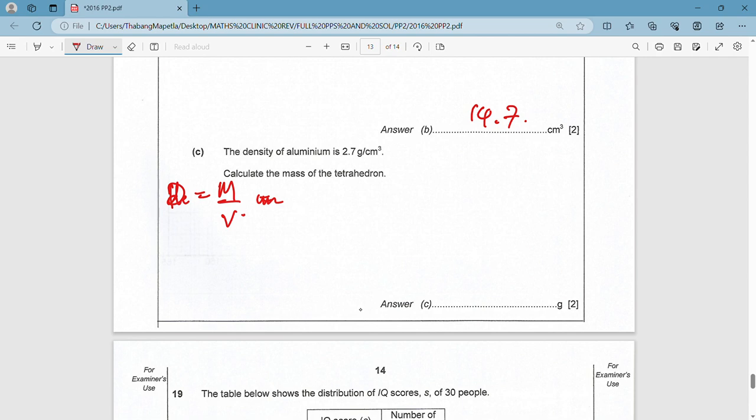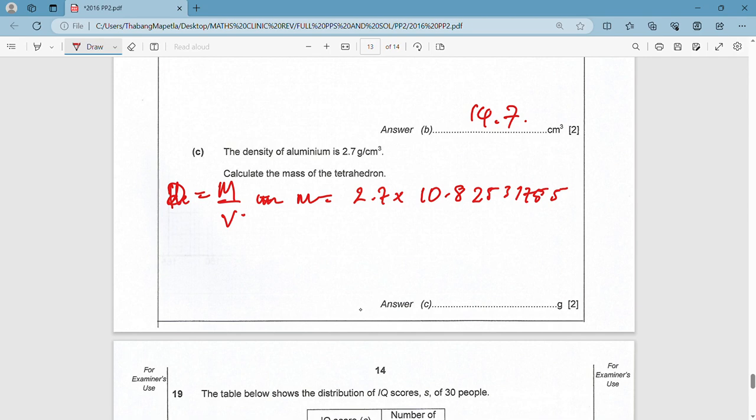So mass is equal to density 2.7 times 10.82531755, times 2.7.